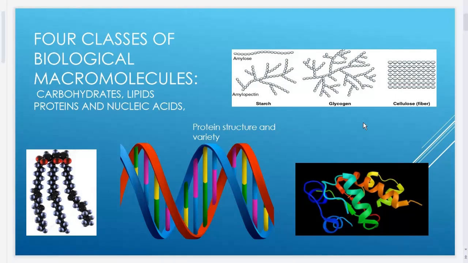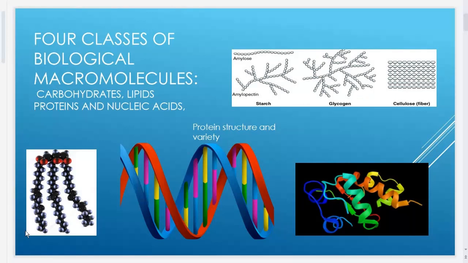Some complex carbohydrates include starch, cellulose, and glycogen. Let's take a moment here to note that the term carbohydrate applies both to simple sugars and to polysaccharides. But when we are talking about macromolecules, we are only referring to the complex polysaccharide carbohydrates, excluding simple sugars.